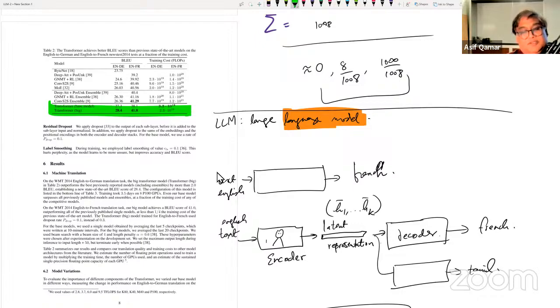And look at English to German translation. Usually when a research breakthrough happens, it underperforms the state of the art. You need a lot of fine-tuning to get better. But right off the bat, if you look at this screen, it has beaten the state of the art. Likewise, English to French, it has beaten state of the art.